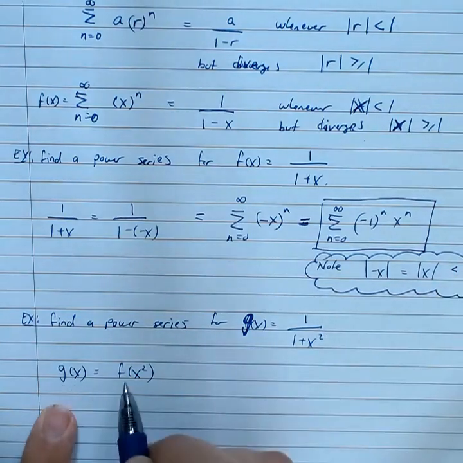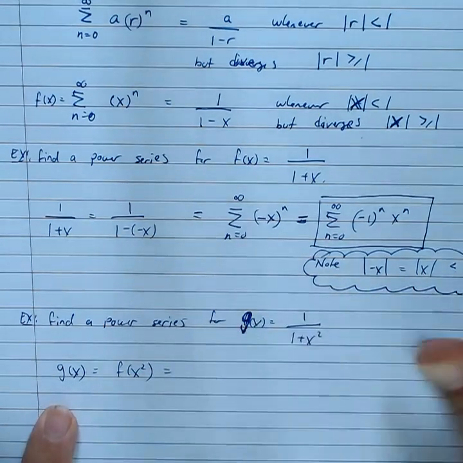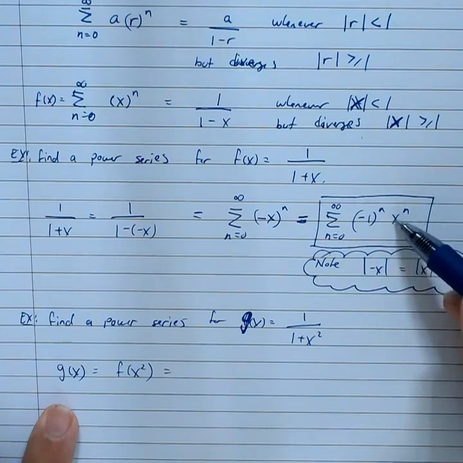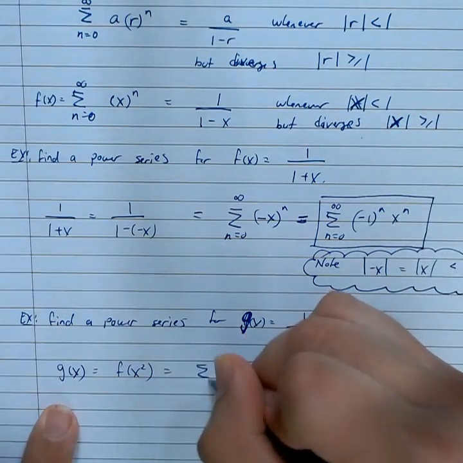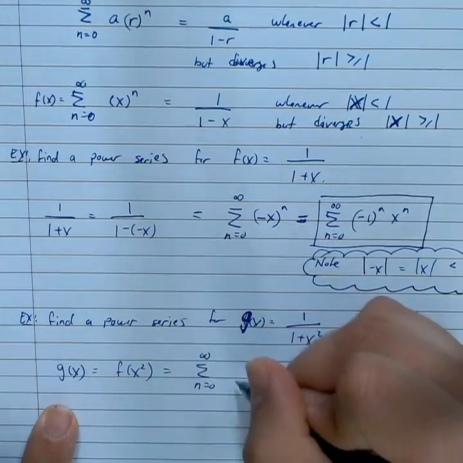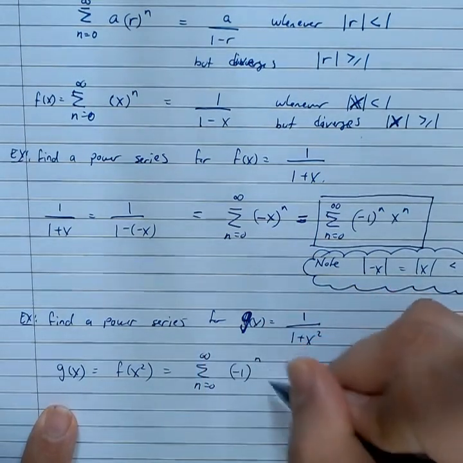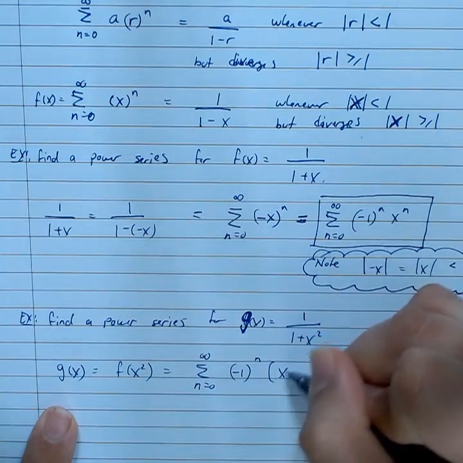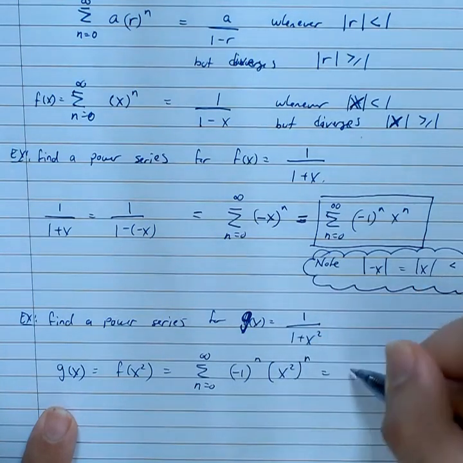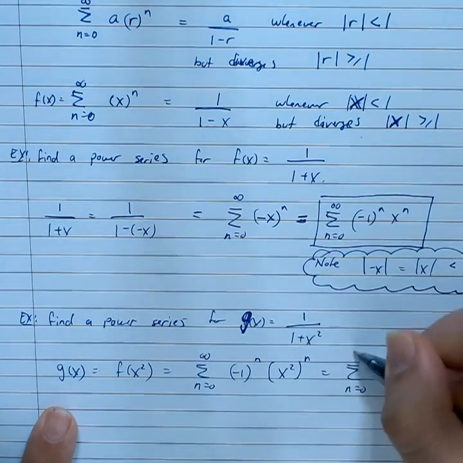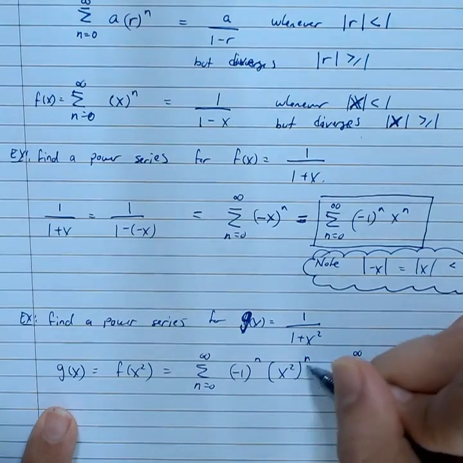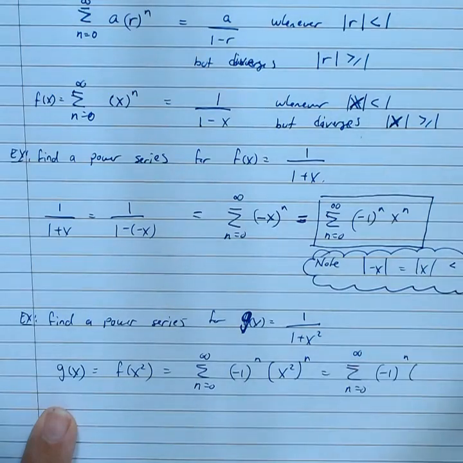So g of x is just what happens when you take f of x and replace x with x squared. But here, this was f of x, so now let me take that x and replace it with an x squared. That's going to be the sum, as n goes from 0 to infinity, of minus 1 to the power n times x squared to the power n, which is the sum as n goes from 0 to infinity of minus 1 to the n times, well, here, something that's got a power being raised to another power.